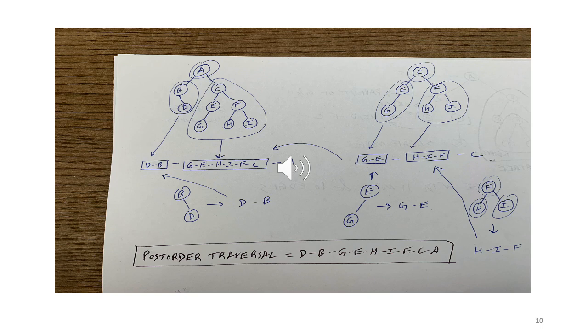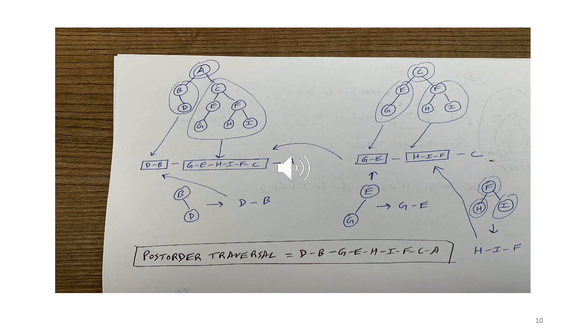So you can see all three are quite similar. The steps are the same. It is just that the sequence in which you apply the steps is different. The three steps are: run the same traversal procedure on the left subtree, run the same traversal procedure on the right subtree, and visit the root.